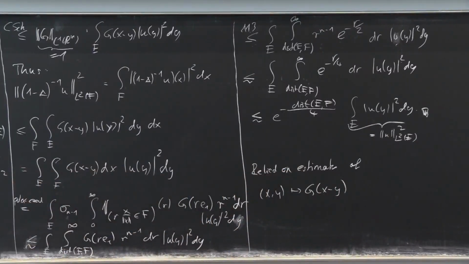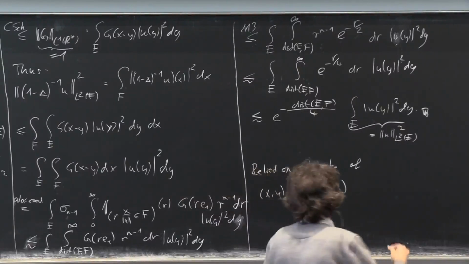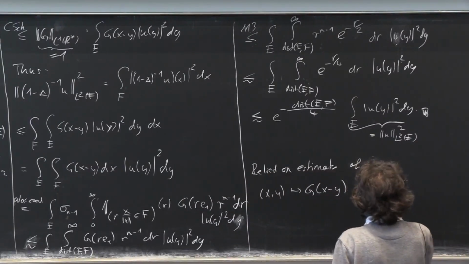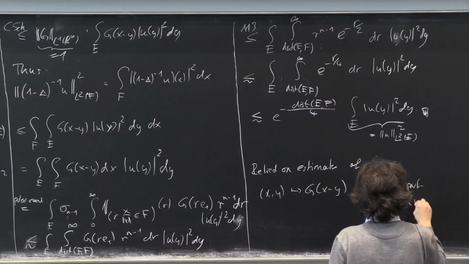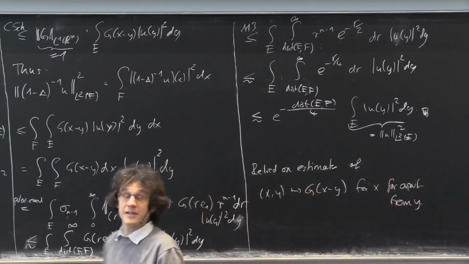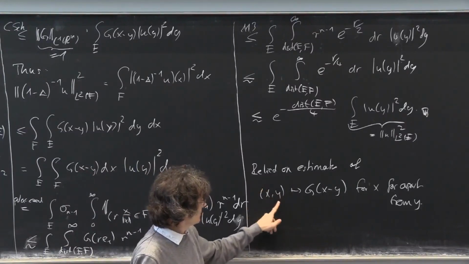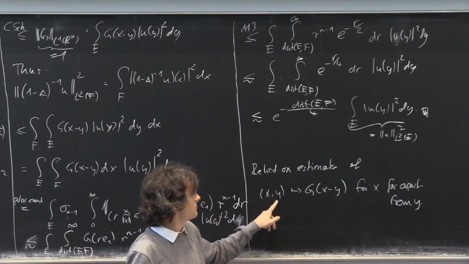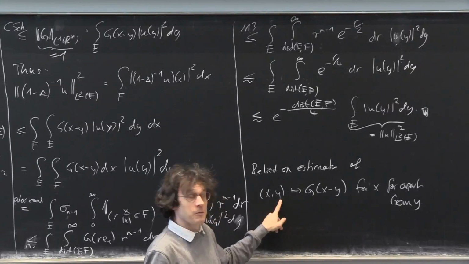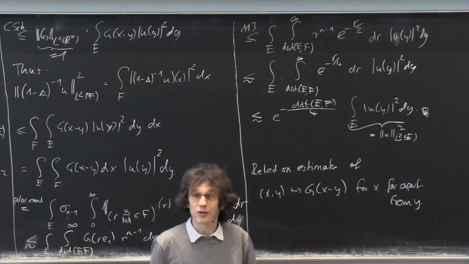This was the main estimate in all this calculation, that this function has an exponential decay for x far apart from y. And this means, if you look at it like this, this is a function in two variables, and what we need is an estimate for x far apart from y, so far away from the diagonal. And this is why it is called off-diagonal estimates.